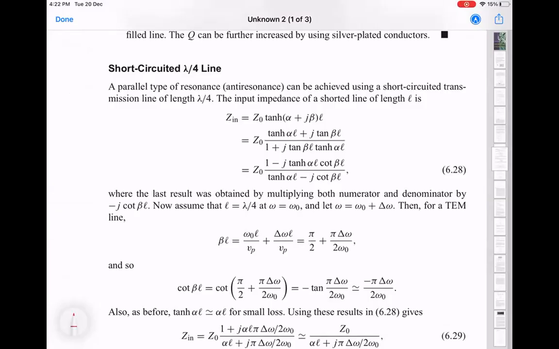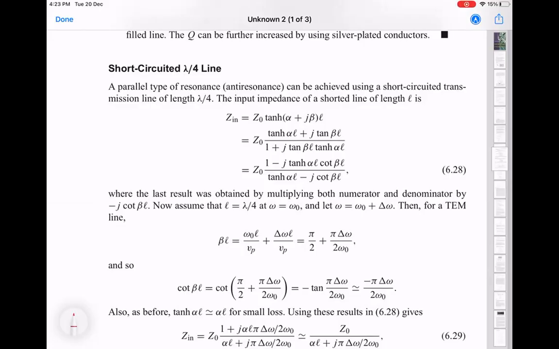Right? So a parallel LC circuit has a pole at resonance because impedance goes to infinity, and a series one has a zero. So that's why we saw that if you have a shorted lambda by 4, lambda by 4 inverts the impedance, so 0 becomes 1 over 0, you get infinity. A lambda by 2 retains the same impedance, so it looks like a series LC.